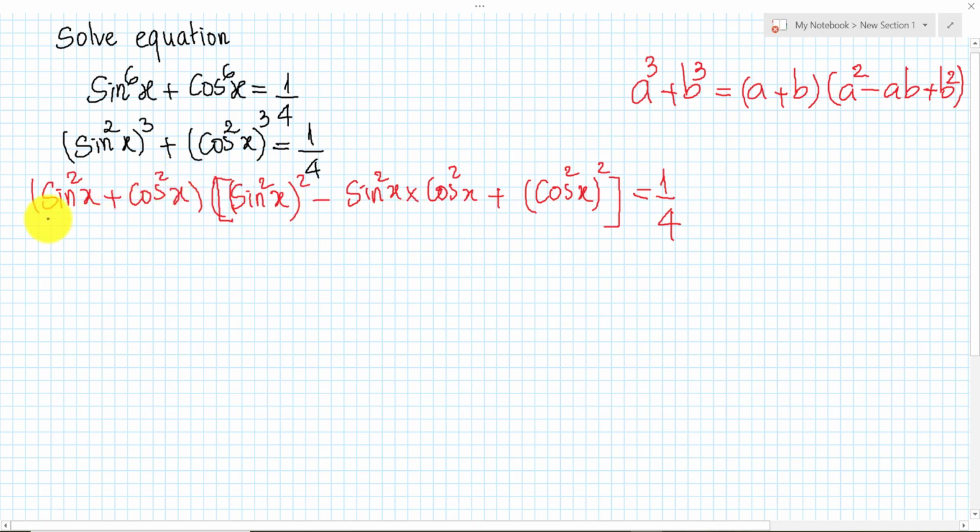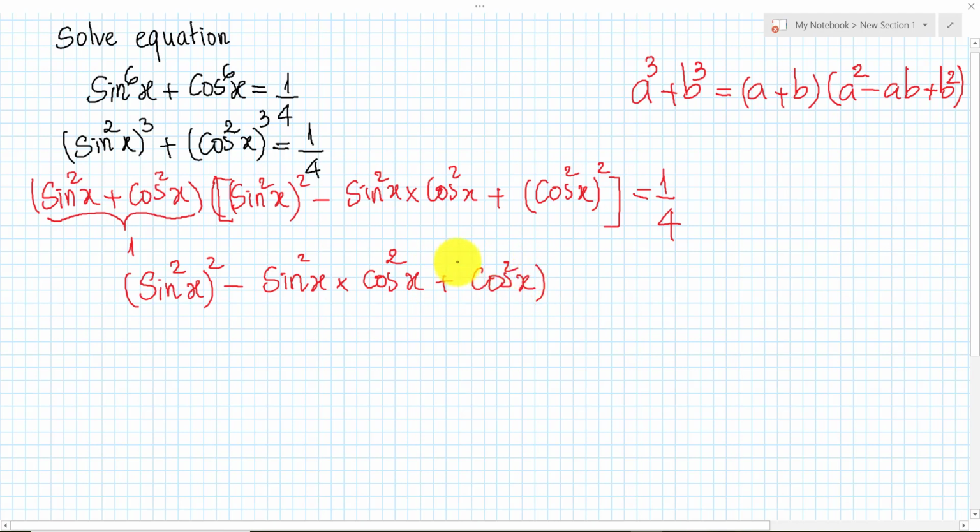We know sin^2(x) + cos^2(x) equals 1, so we don't need to write that part. So we get (sin^2(x))^2 - sin^2(x) times cos^2(x) + (cos^2(x))^2 equal to 1/4.